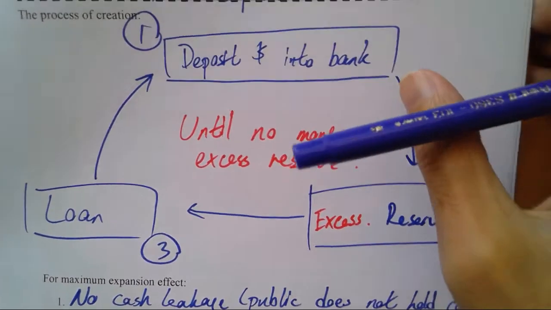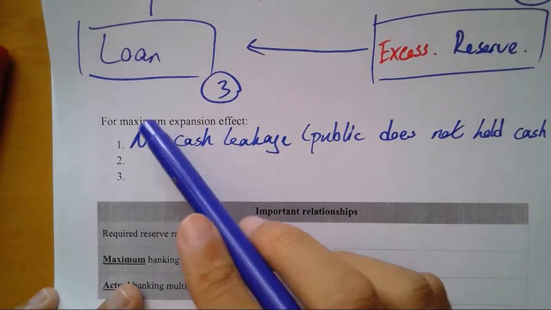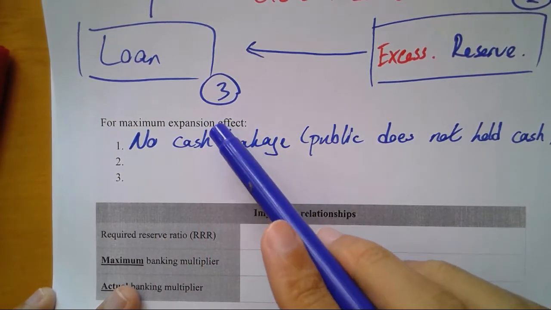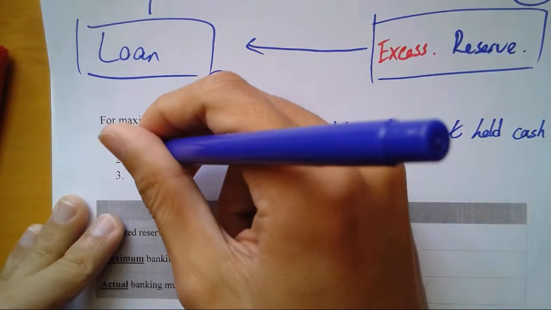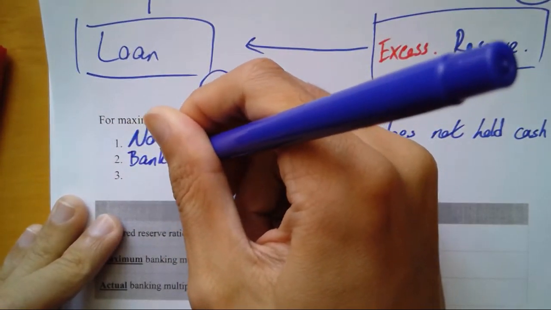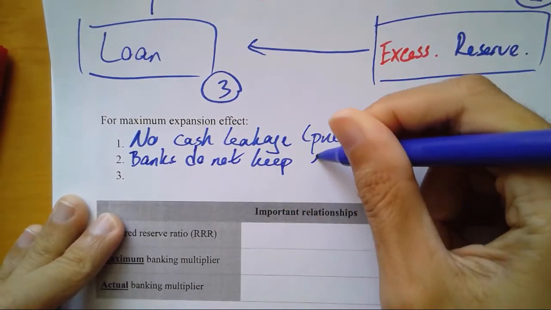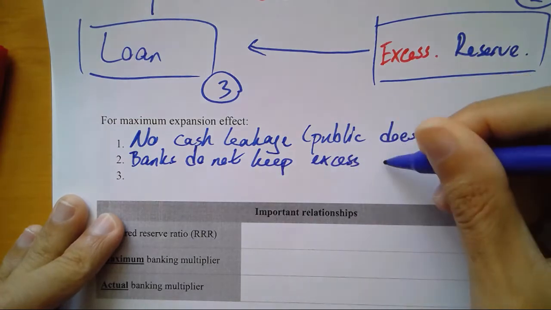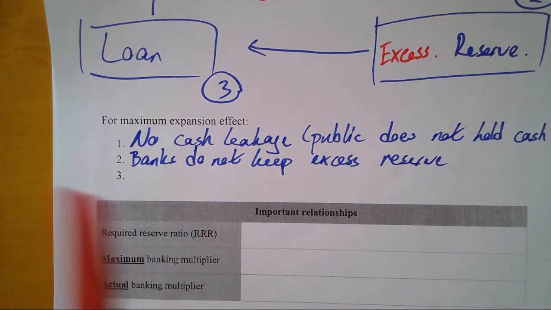Now, therefore, the second assumption, for this cycle to go on for maximum effect, okay: banks do not keep excess reserve. 嗱，小心啊，唔好漏啊。Be very careful.